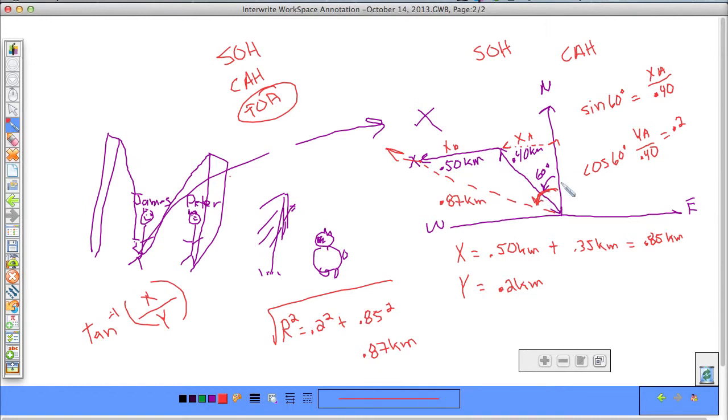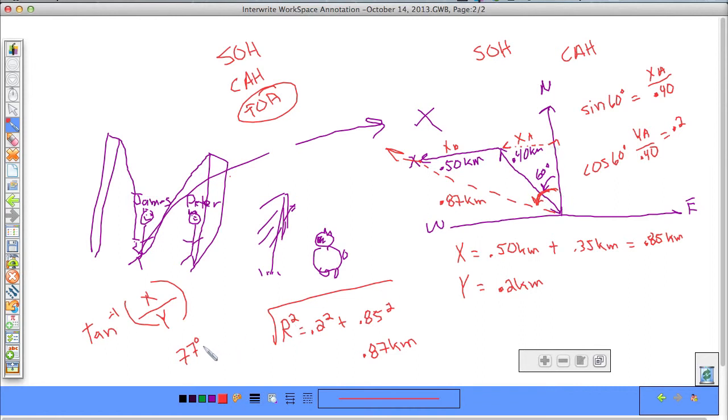So this angle right here can be calculated as part of this trig function and just the inverse of it, which would be the inverse tangent of the x over the y. So if I take the inverse tangent of the x, which is 0.85, divided by 0.2, I get 77 degrees. So 77 degrees, we need to define that. This would be west of north.